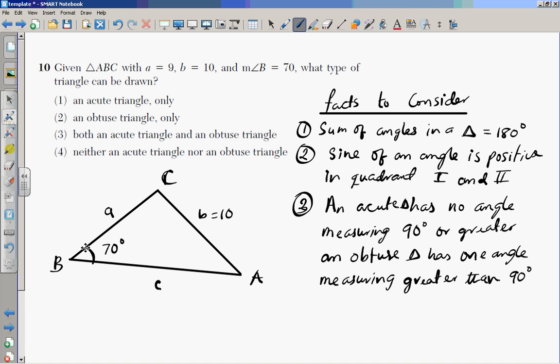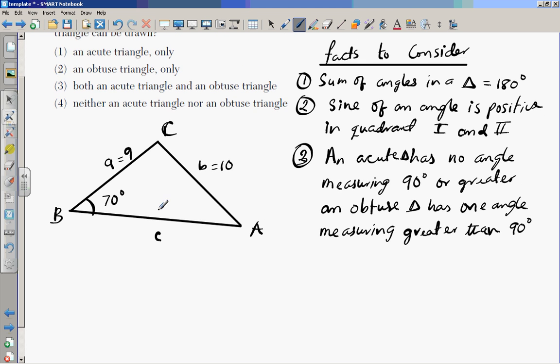So since I have a side and an angle opposite it, and I also have another side which is 9, I can simply use the law of sines in this case, all right, because we have SSA right here. So we have side to side, and then we have an angle. All right, so what on earth is the law of sines?